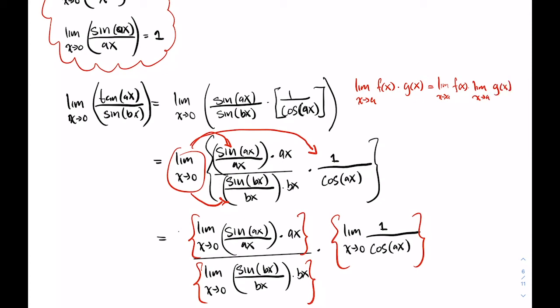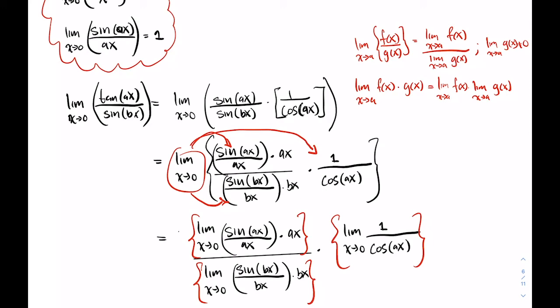And for quotients, we have the limit as x approaches a of f of x divided by g of x is equal to the limit as x approaches a of f of x divided by the limit as x approaches a of g of x, given that the limit as x approaches a of g of x is not 0. Okay, so these are the limit laws I'm using.